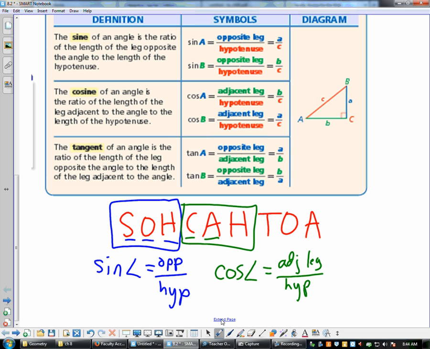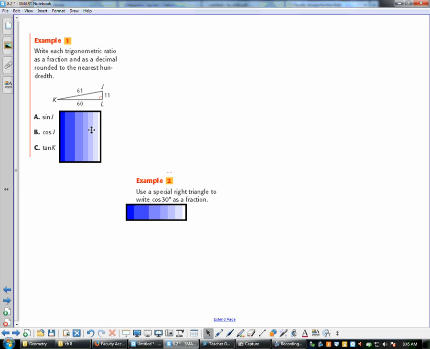And lastly, TOA stands for the tangent of an angle is equal to the opposite leg over the adjacent leg. All right, so SOHCAHTOA, if you remember how to spell it right, can be a nice mnemonic device for you to remember the trig ratios. All right, so let's take a look at how this works with an example.